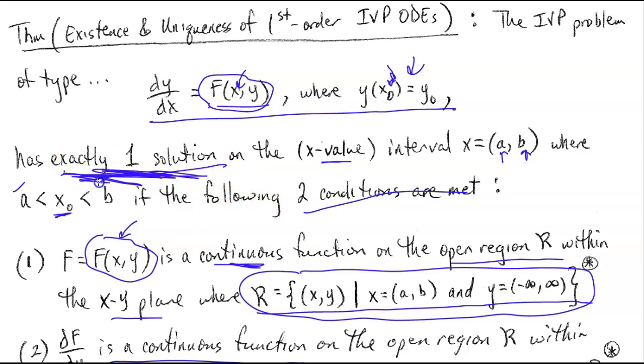Okay, that's the whole point of it. If I see my differential equation meets these two conditions, and I know that I got an initial value problem, in other words, I know, let's say, a point on the graph of that particular function, then I know that it's going to have exactly one solution to the differential equation.